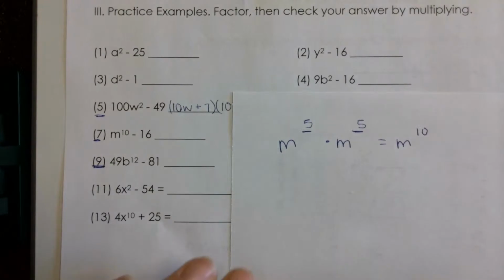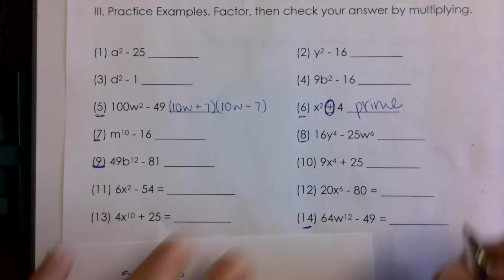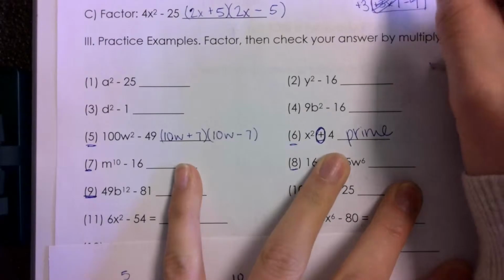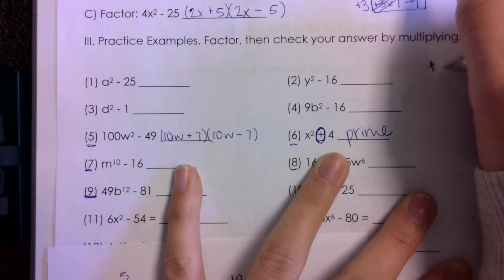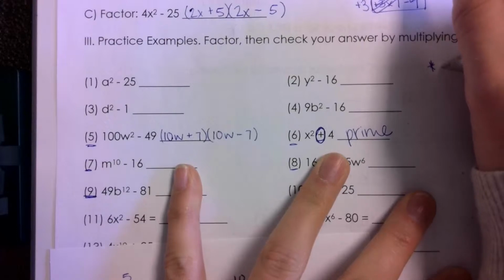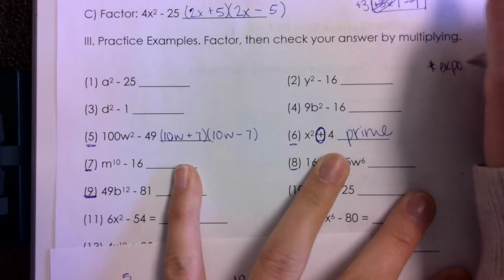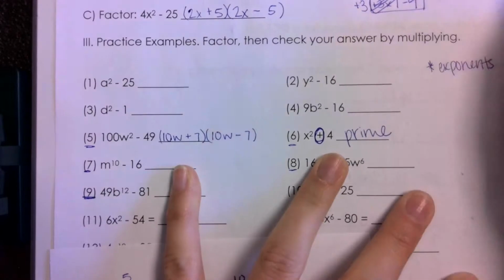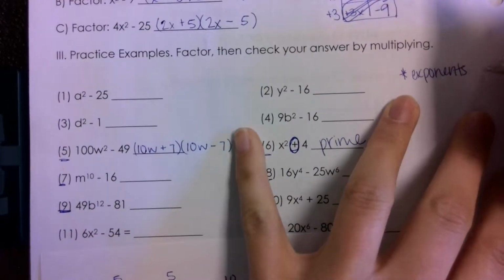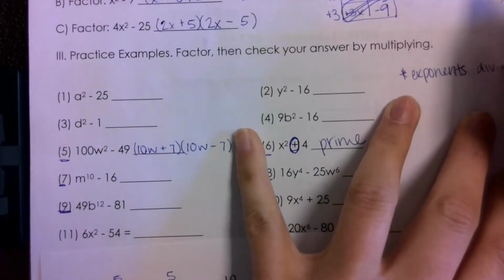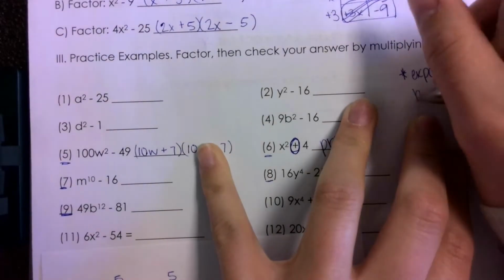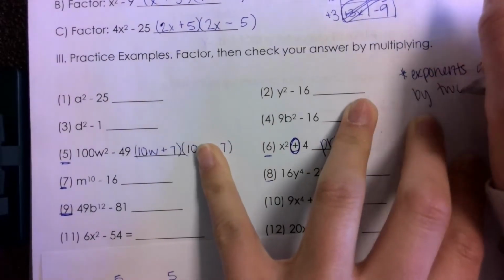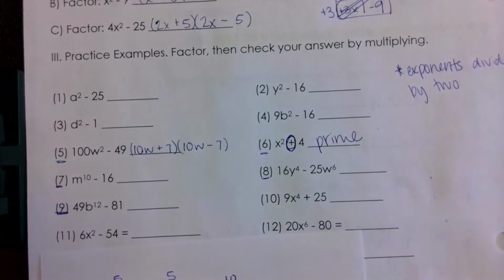So I want you to write off to the side: your exponents have to divide by 2. That's how it's going to work, okay?